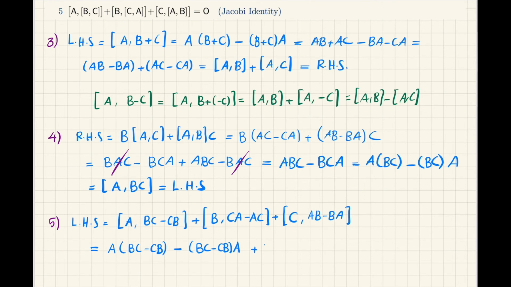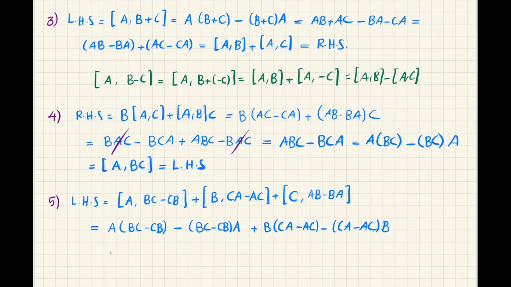So this becomes B multiplied by CA minus AC, minus CA minus AC multiplied by B. And the next one, plus C times AB minus BA, and then minus AB minus BA multiplied by C.